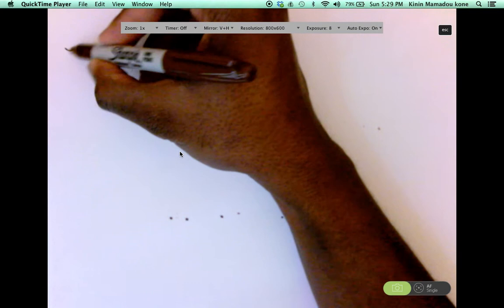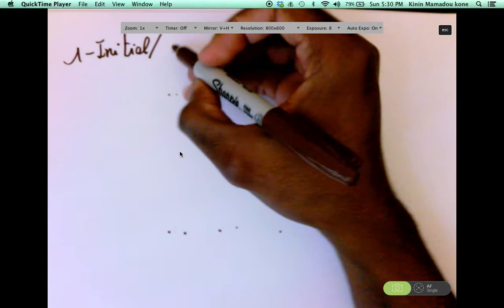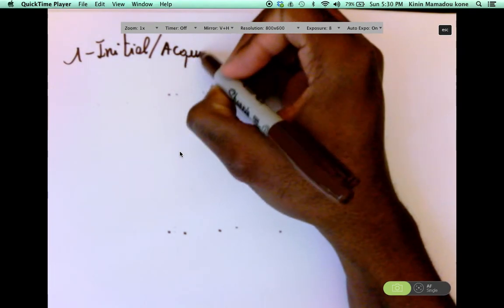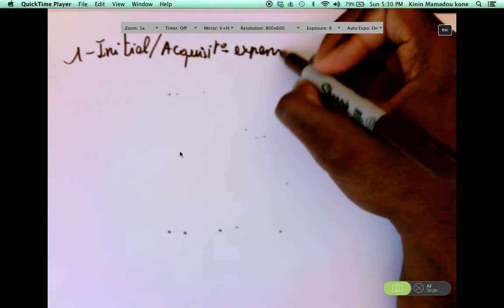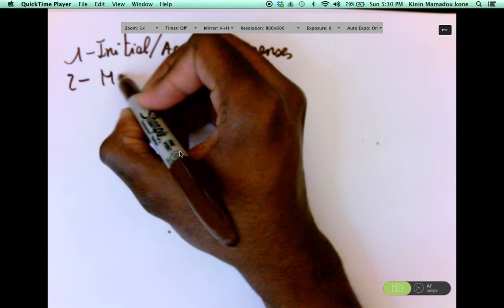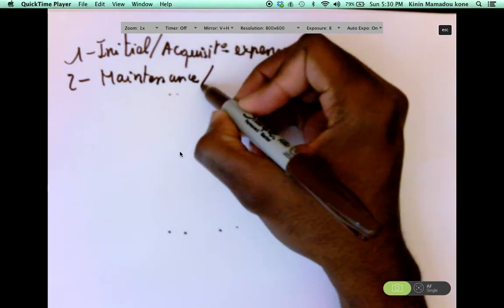First, we have initial or acquisition expense. The other one, we have maintenance or renewal expense.